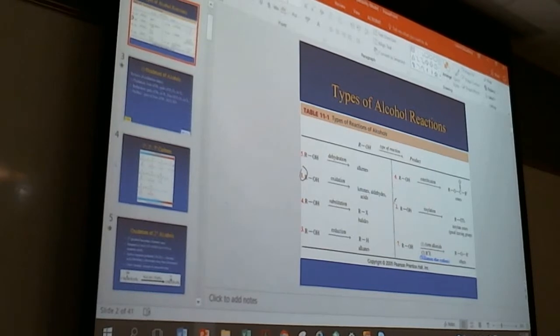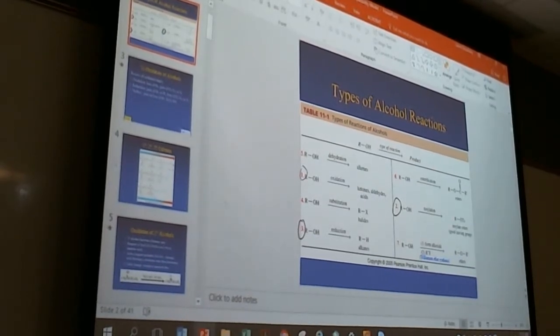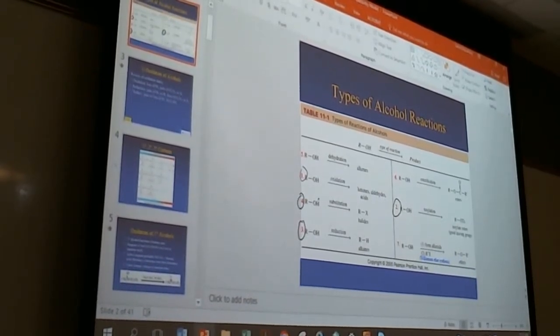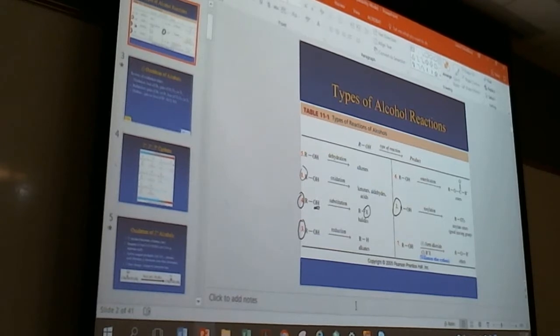We looked at converting it to a better leaving group so that I could then do an SN2 reaction, for example, add hydride ion to reduce it, or a variety of other things. We looked at converting this into a good leaving group, be it the tosylate or the bromide, and then do an SN2 reaction to form, for example, halides.